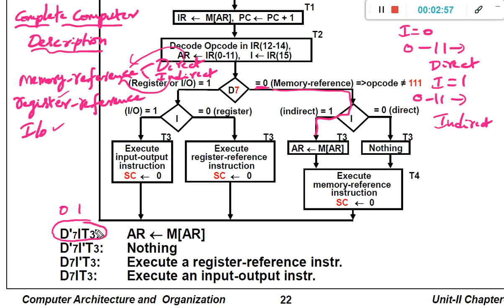And T3 means the clock cycle at which the particular operation is carried out. So what operation are we going to perform at this particular instruction? AR ← M[AR]. What does it mean? We are determining the direct address from the indirect address.